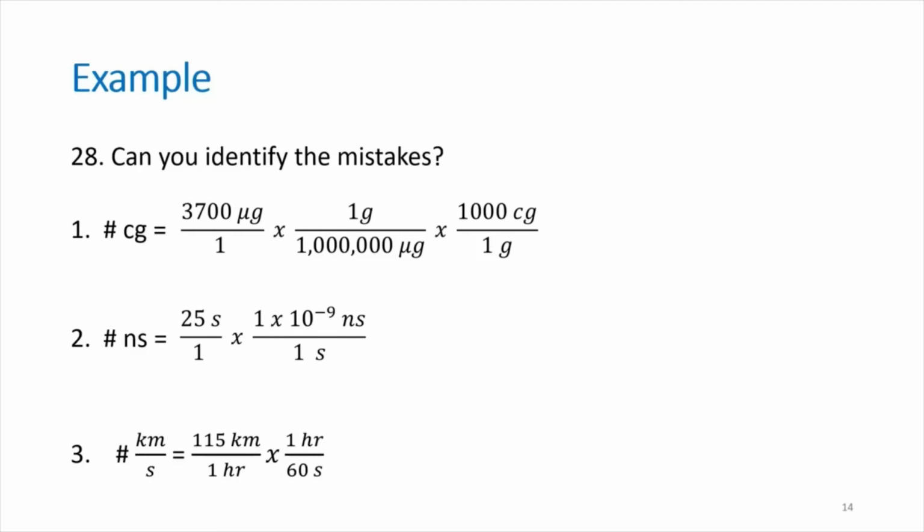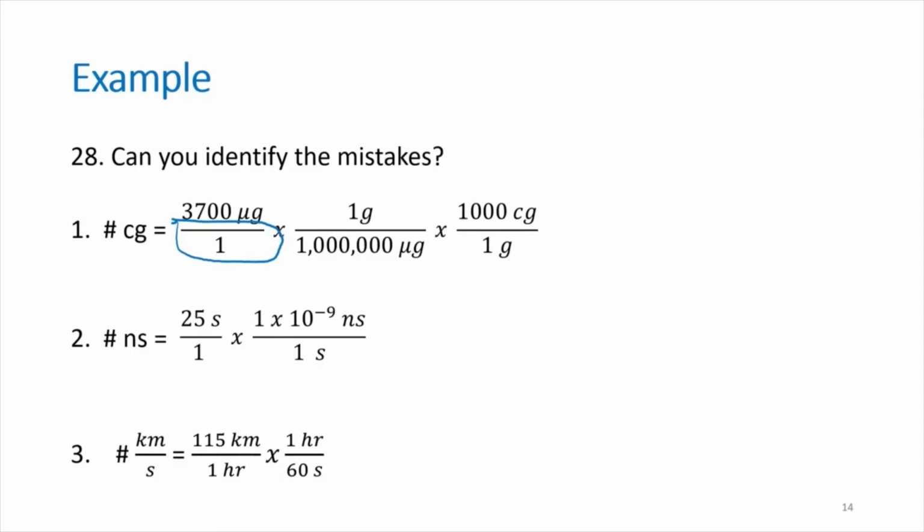Now, looking back at this, we're trying to find the number of centigrams from the number of micrograms. We have 3,700 micrograms. I don't care if you don't write this divided by 1 here. Some students prefer it. It's up to you. It means the same thing whether you put it there or not. 3,700 micrograms, and I'm converting this to grams.